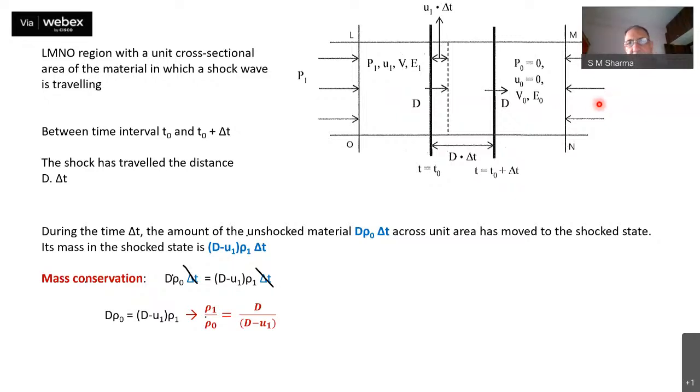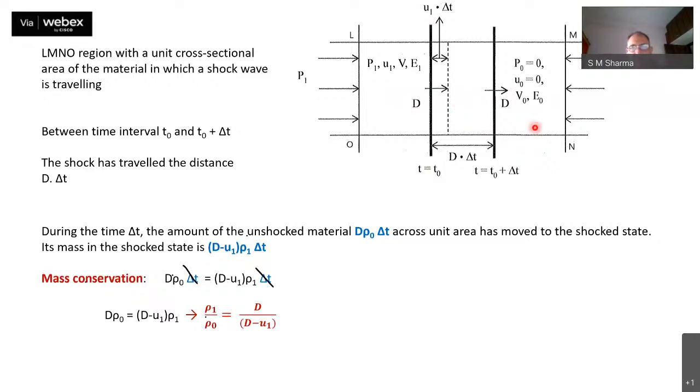The shock wave is at this particular place at time t naught, and within time delta t, it moves on to this particular position. So within time delta t, it has moved a distance, shock wave velocity D times delta t. This much of material has now come under the shock wave.